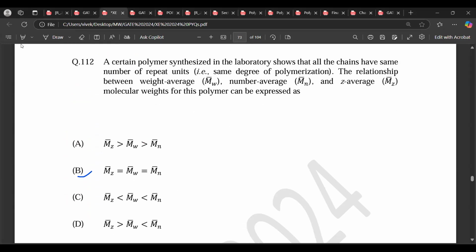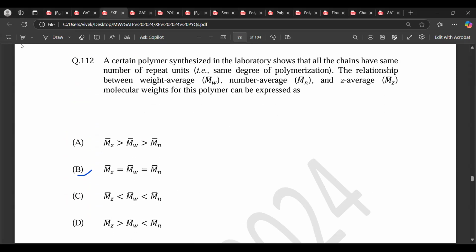Next question is also very interesting, but it is well known. If your polymer or material is monodisperse or polydisperse, you all know what the polydispersity index is, right?